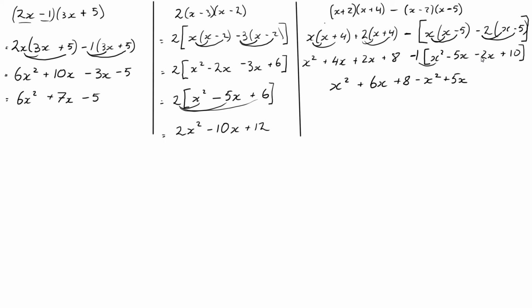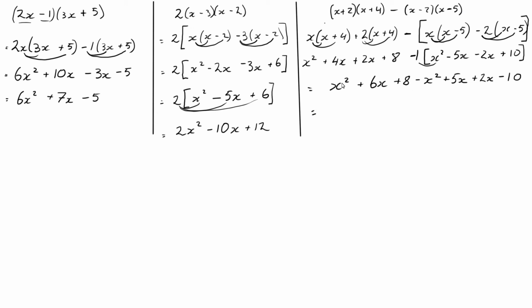Minus 1 and minus 2 become positive 2, so it's positive 2x. Minus 1 and 10 give us minus 10. So essentially what's happened is all of the signs get reversed. So that becomes negative, that becomes positive, that becomes positive, that becomes negative. Okay, so you must be very careful when you're talking about subtracting terms.